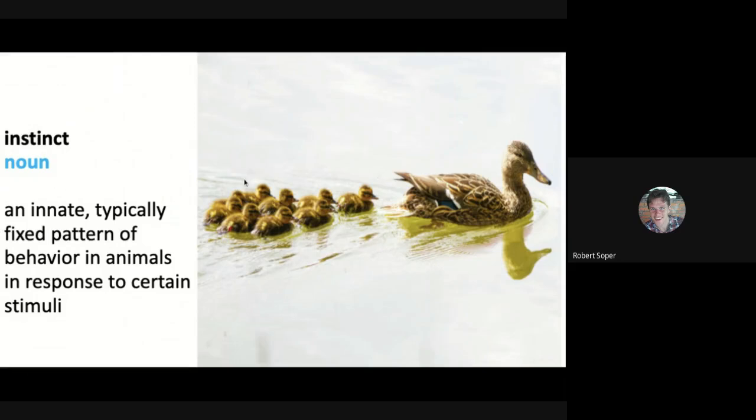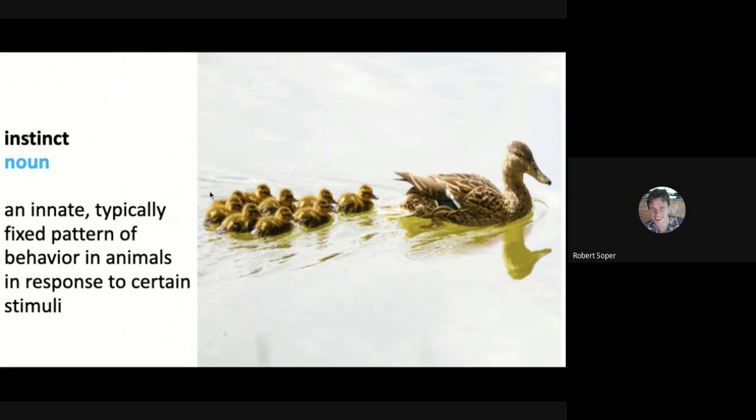Now, interestingly, for a duck, its mother is usually the first thing it sees. It's not always the first thing it sees. So I mentioned that its instinct is to follow what it thinks is its mother. Well, that's really interesting because if you take its mother away and the first thing it sees is you as a human, these little baby ducks will follow you everywhere.